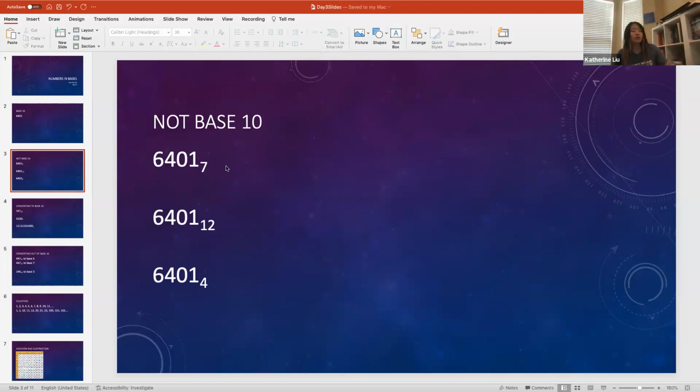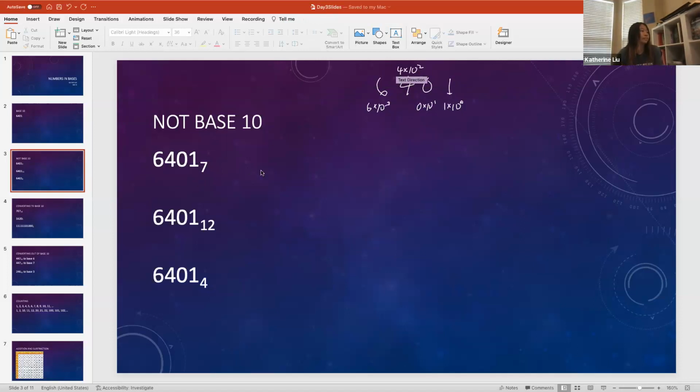So in base 10, we saw that this one was worth 1 times 10 to the 0, then 0 times 10 to the first, and then 4 times 10 squared, and 6 times 10 cubed. But if we look over here, this one is base 7.